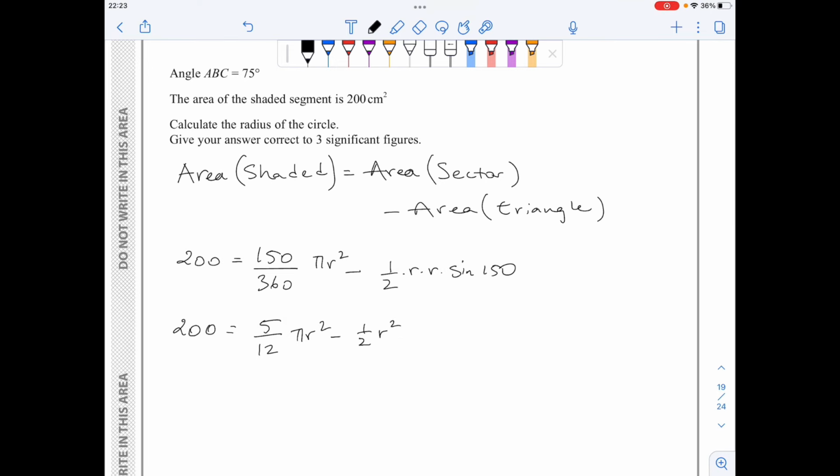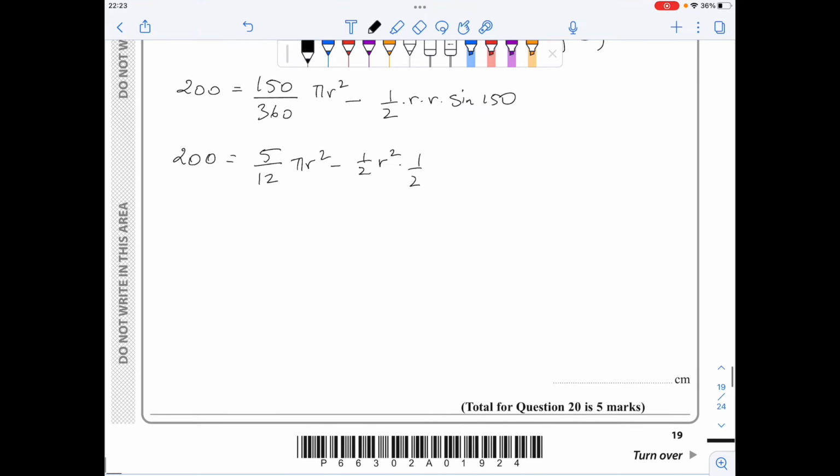the sine of 150 is 1 over 2. Let's simplify this. 200 equals 5 over 12 pi r squared minus a quarter of r squared. So 200 equals r squared, and then I'm left with 5/12 of pi minus 1 over 4.